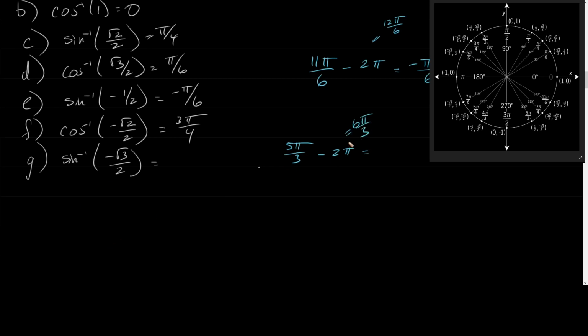So 5 pi over 3 minus 6 pi over 3 is negative pi over 3, and that would be our solution there. So we need to make sure that for the sine values, we are between the range of negative pi over 2 to positive pi over 2. So all of these values down here in the fourth quadrant, as well as down here on the y-axis, we need to look at a coterminal angle within the range.